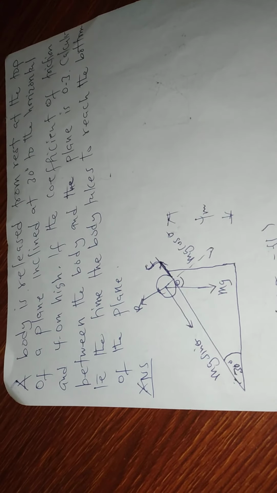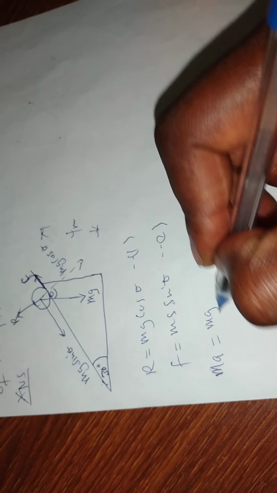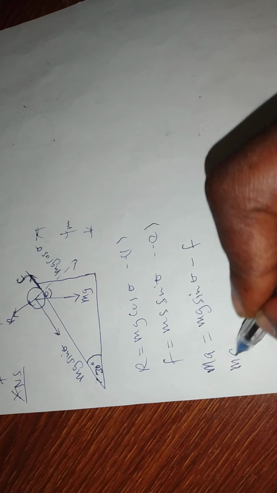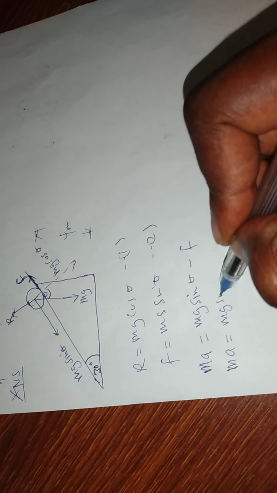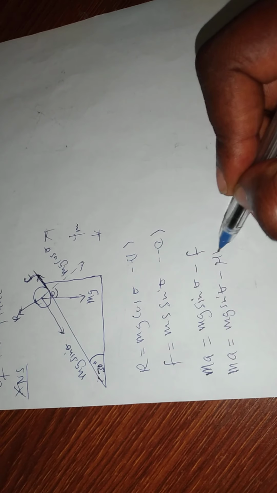Now, since the object is moving, it means that the object will by all means have a resultant force, and that resultant force can be written from the equation ma to be equal to mg sine theta minus F. We remember that F is equal to mu mg cos of what?